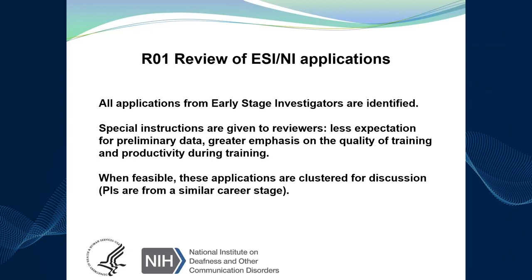And when feasible, the applications from early stage investigators are clustered during discussions so that they're not interdispersed between R01s from established investigators who have been in the field for a long time. So these things will help to focus reviewers on the career stage of the early stage investigators.